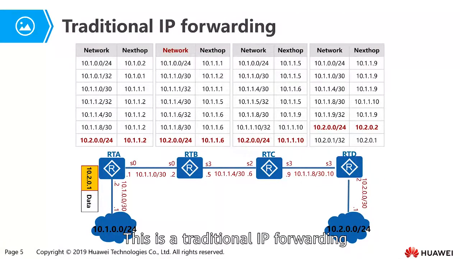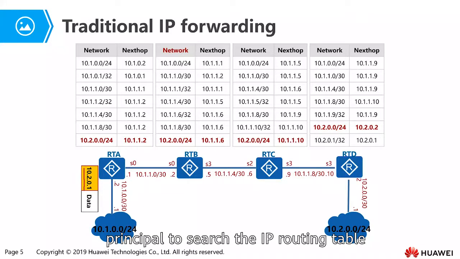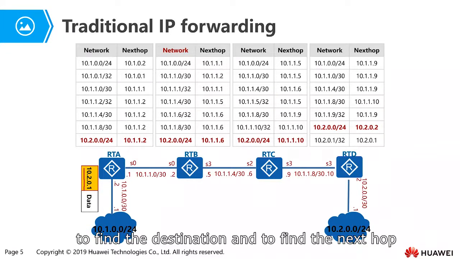This is traditional IP forwarding, with routers A, B, C, and D. A packet is received on router A, and the destination is 10.2.0.1. So how do we forward this data? We search the IP routing table, using the longest match principle to find the destination and the next hop.